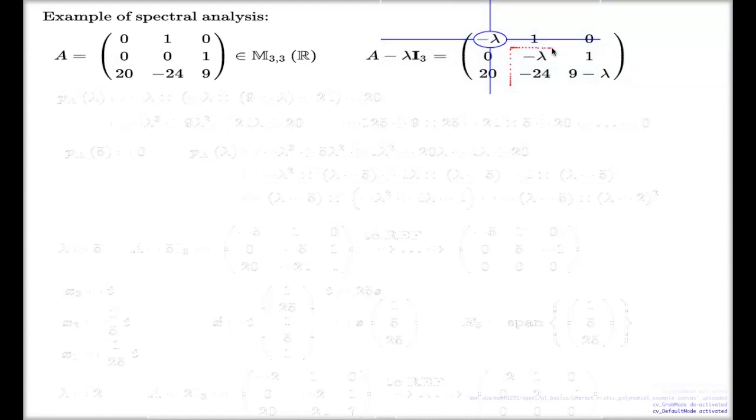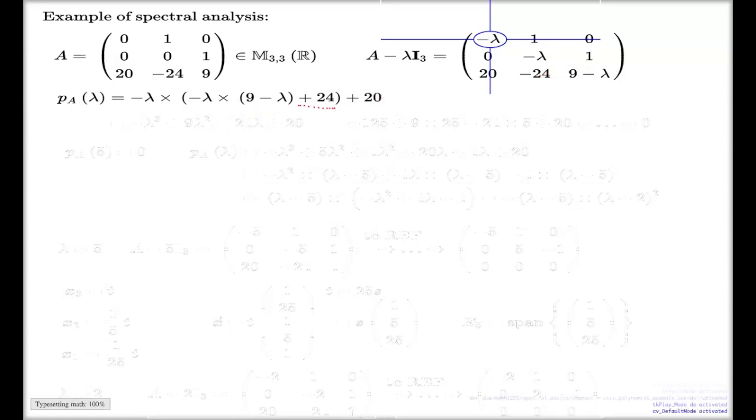I multiply this minor by the element negative lambda. Here's my negative lambda, and here's the value for the minor. It's the determinant of size 2 times 2. We multiply across this diagonal, negative lambda times 9 take lambda, and subtract across the other diagonal. That's why it's plus 24.